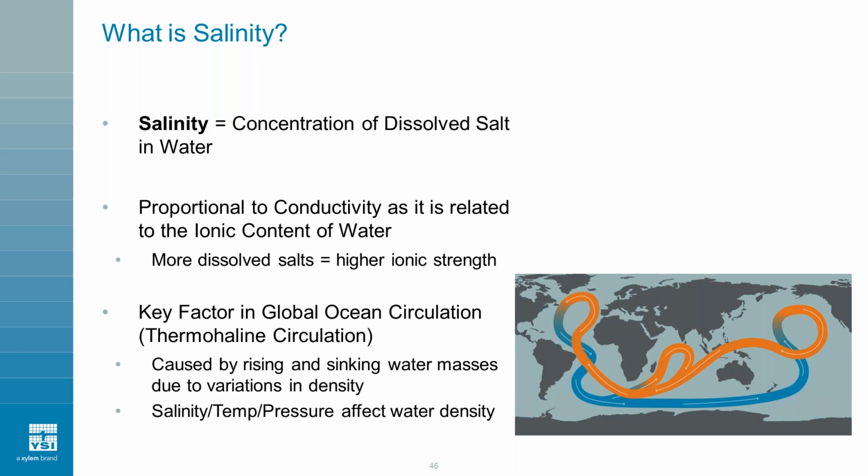Salinity is particularly important to oceanographic studies as it is a major influencer on the ocean's circulation. Salinity, along with temperature and pressure, affect water density. As density changes, we have rising and sinking water masses moving the water in the ocean. Also, the ocean is effectively a very large buffer, so a tiny change in salinity can be an indicator of something major happening.